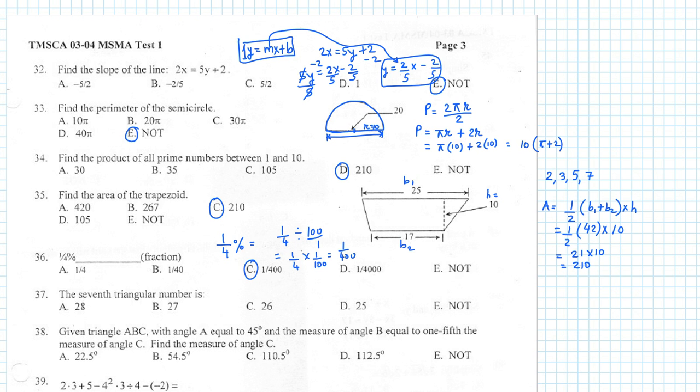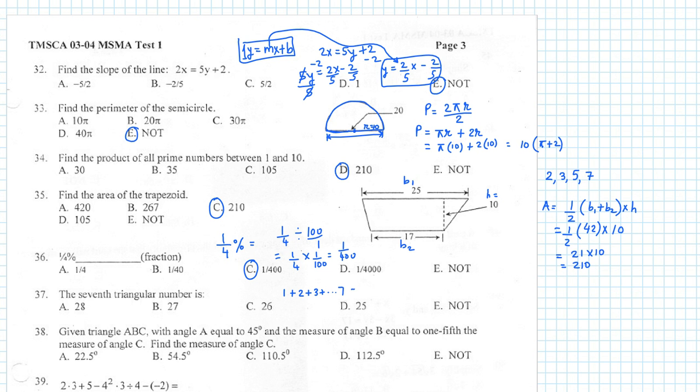Question 37. The seventh triangular number is, so the seventh triangular number can be found by adding numbers from 1 all the way to 7. That will give us the seventh triangular number.